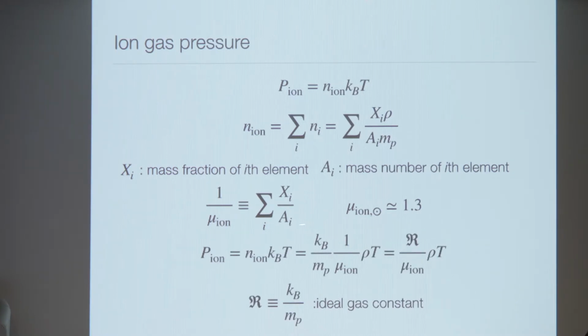If we put this into the original equation, we can change the equation to this. So the pressure is proportional to the density and also the temperature. That's the gas equation of state for the ion gas pressure.